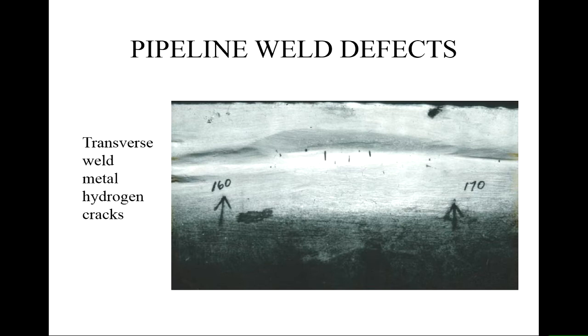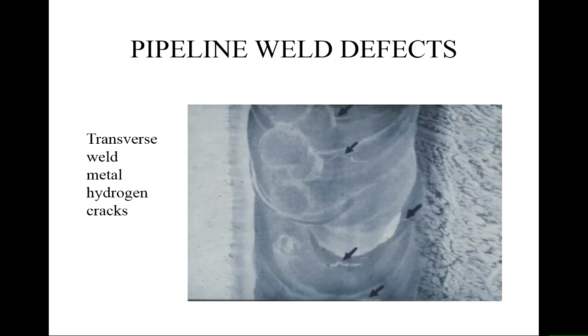Hydrogen cracking that propagates in the transverse direction through the weld metal. Can you spot where that is on this micrograph? This one, yes. So we have hydrogen cracking. Now, how does it appear on the image? When it propagates in a transverse direction, it can form something that we call a chevron pattern.